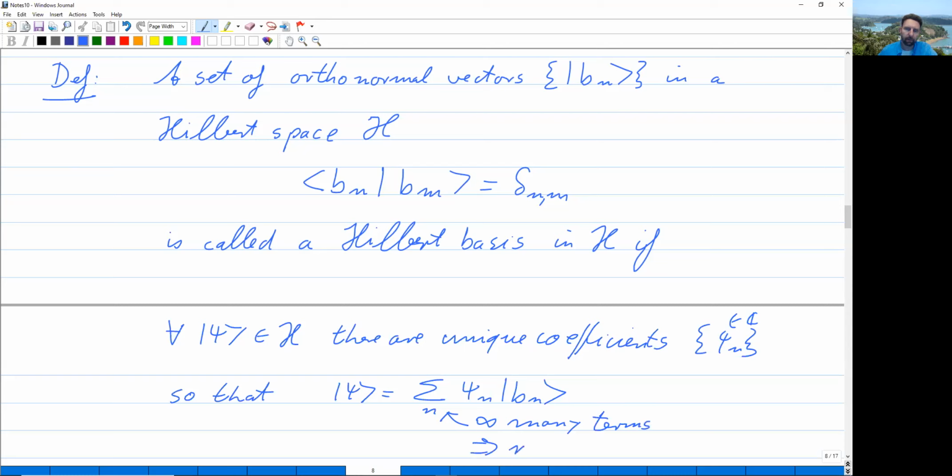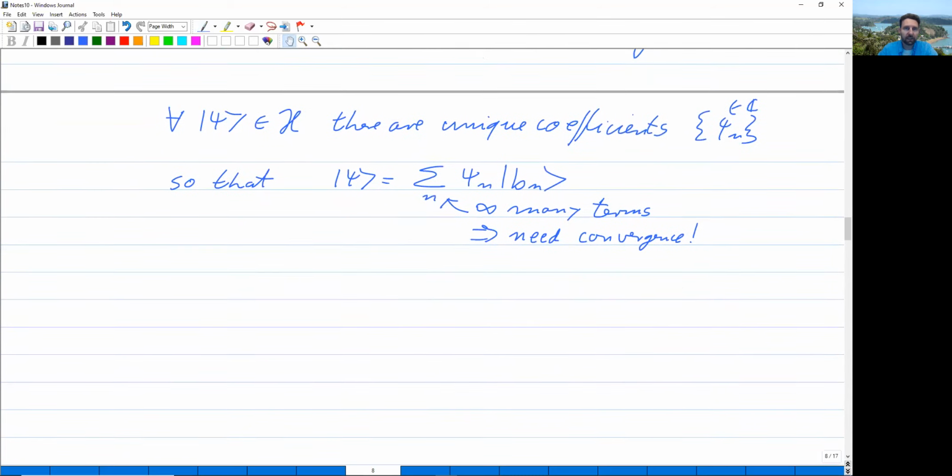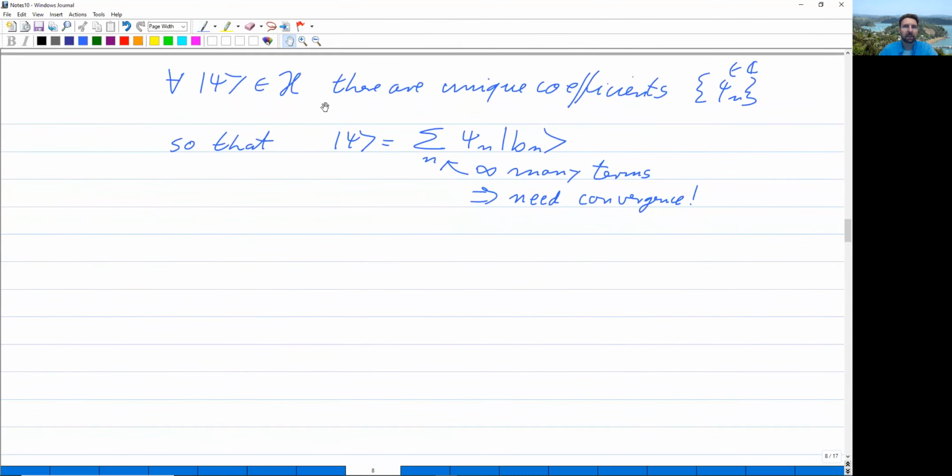therefore we need convergence. Right? That's why we needed all of this limit taking and defining distances and all of that. It's so that we can make sense of the very basic expression, namely that a vector can be expanded in a basis. If we have infinitely many basis vectors, then that expansion will involve infinitely many terms, and so therefore a limit.